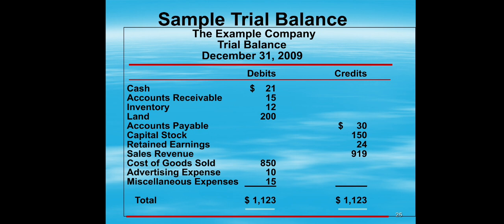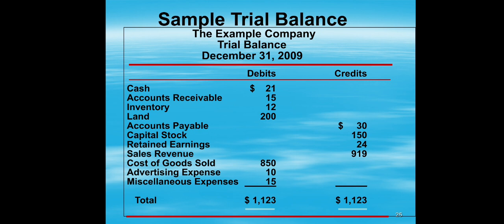If you prepare a trial balance and you see that the total in the debit side equals the total in the credit side, then most of the time it shows that the recording process that you have done from step 1 to step 3 is correct.